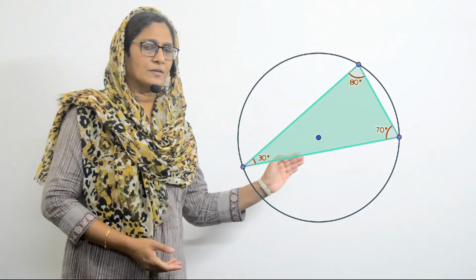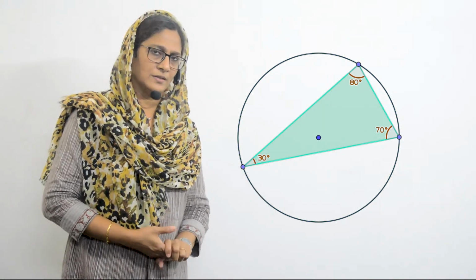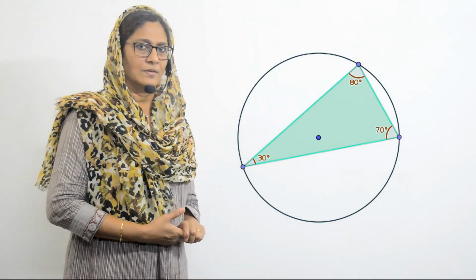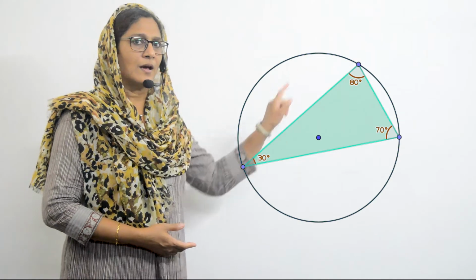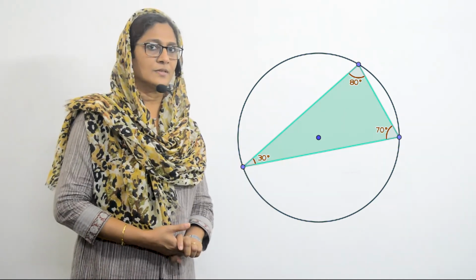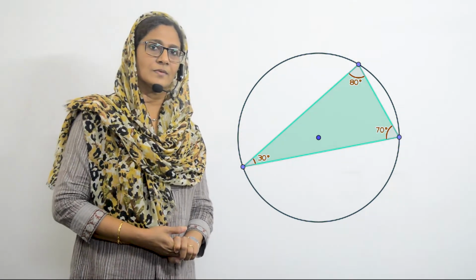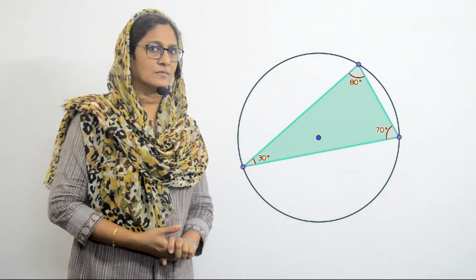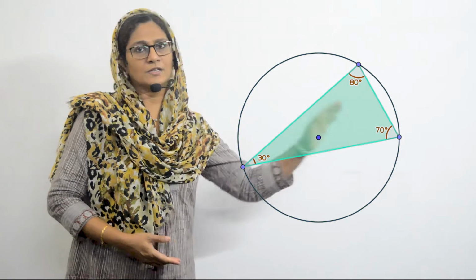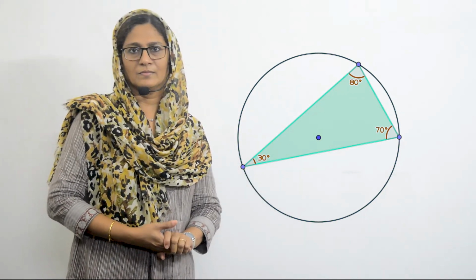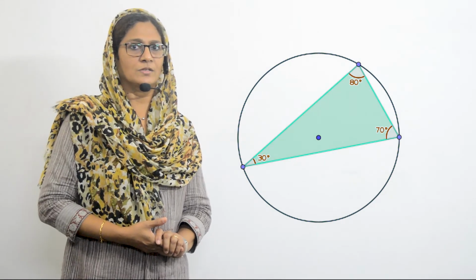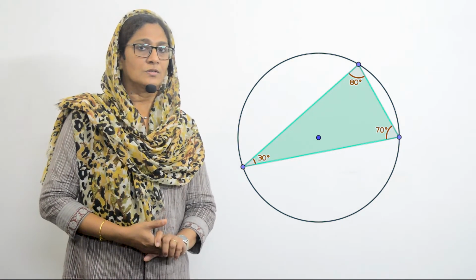If one of the angles of the triangle is 30 degrees, that angle is an angle in an arc of the circle, isn't it? So then, its central angle will be 60 degrees. Double of 30, that is 60 degrees. We can use this idea and try to draw the triangle.